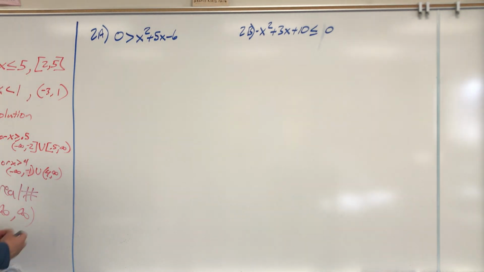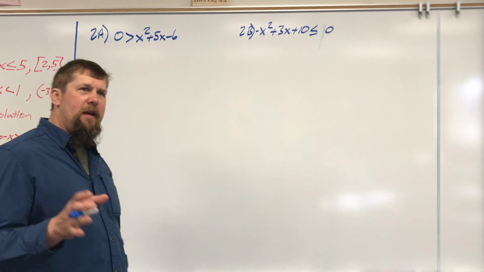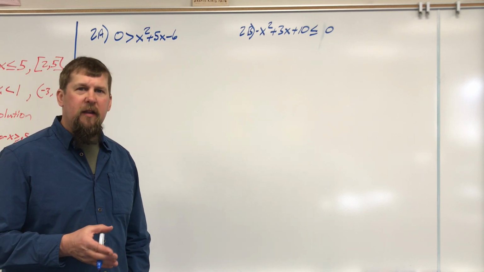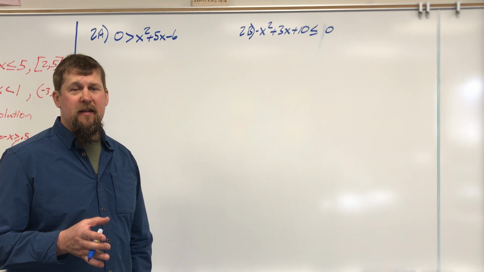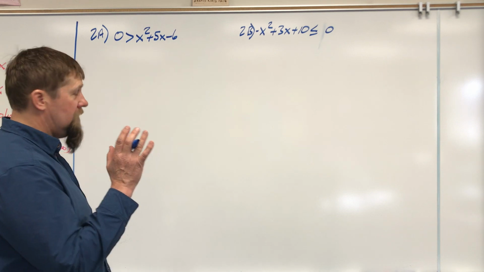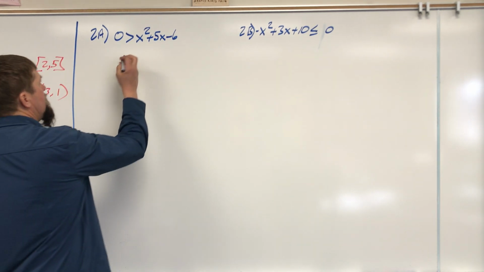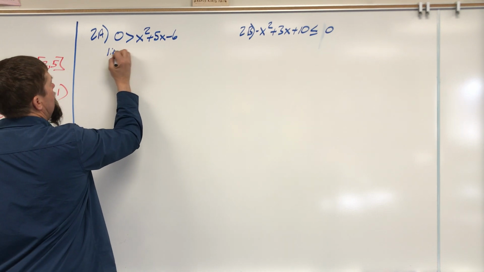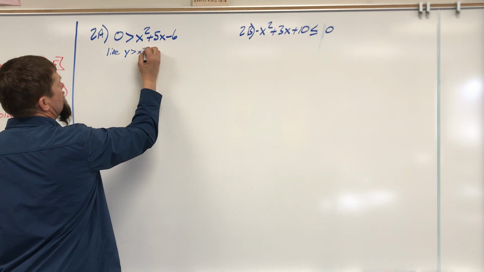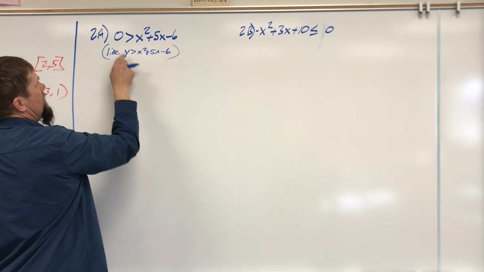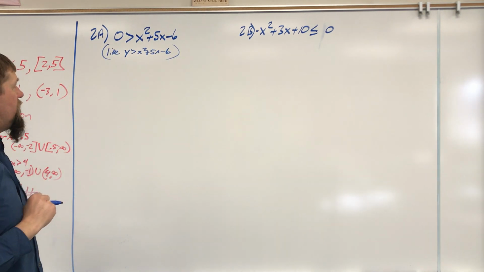All right, so this first one is not quite as important to find the vertex. All you're really worried about in this case are the x-intercepts and the shaded region. Okay, so this again is like y is greater than x squared plus 5x minus 6, because 0 and y are interchangeable.